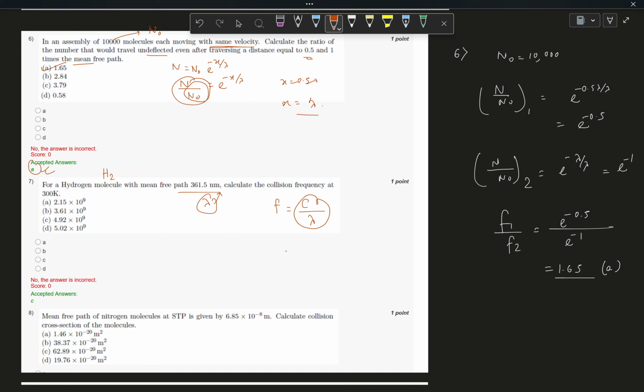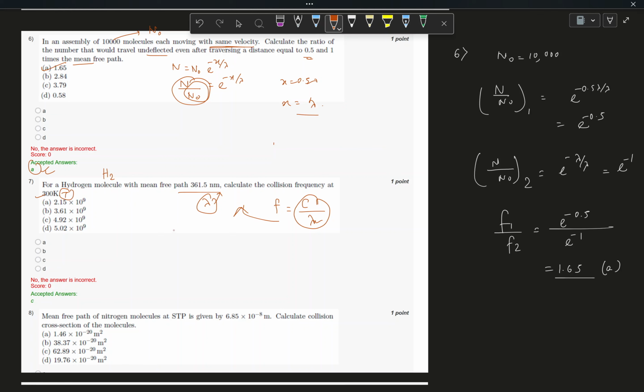And so you have directly the value of lambda given in the question, but the velocity value is not directly given, so you have to calculate it using the other information given. The only other information present here is the 300 Kelvin temperature. This is the temperature that is given.